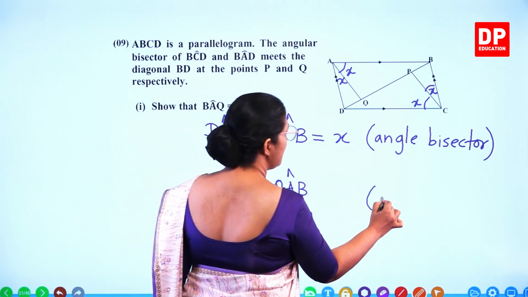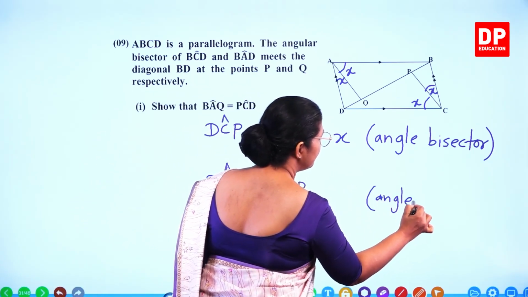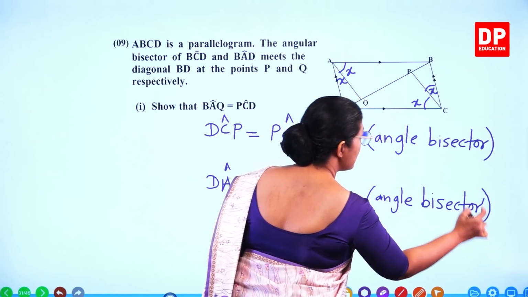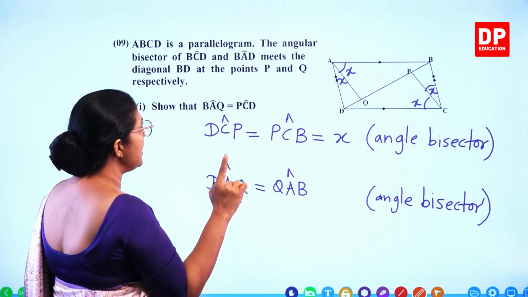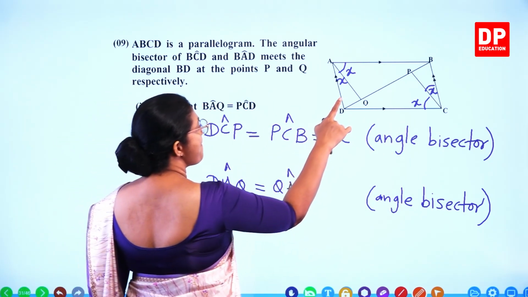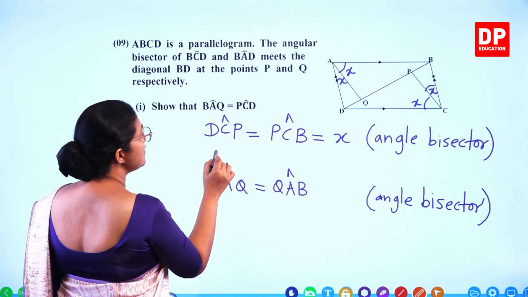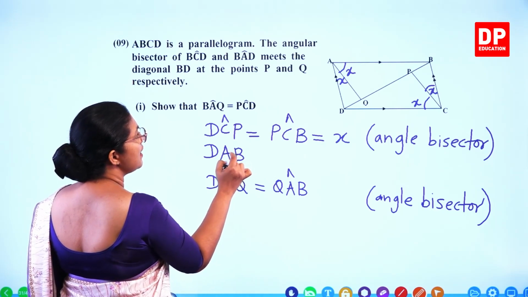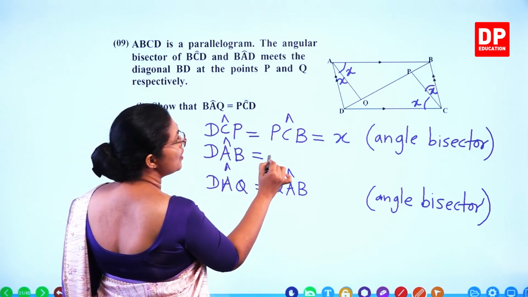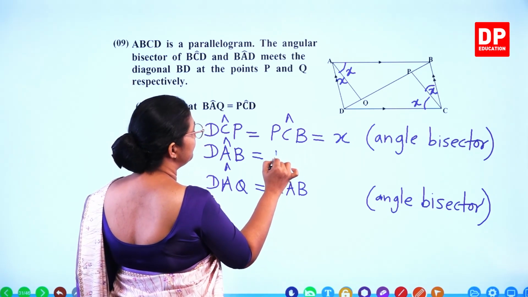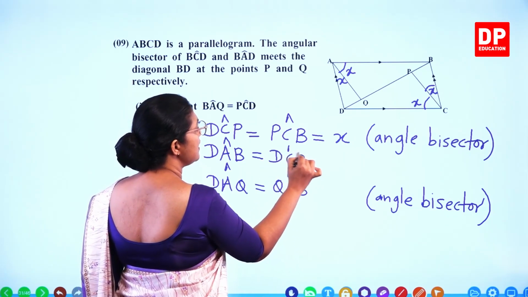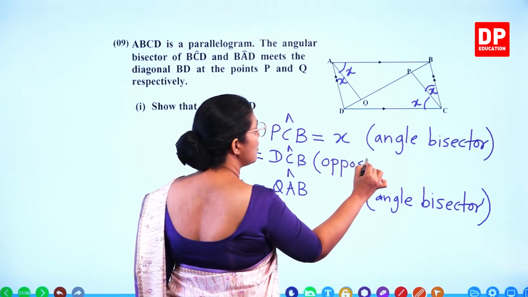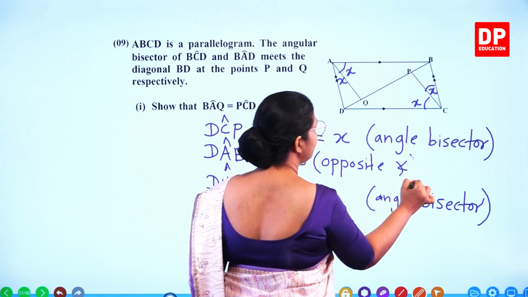That's also an angle bisector. But we can say that angle BCD is equal to angle DAB. Angle DAB is equal to angle DCB. What's the reason? Opposite angles of a parallelogram are equal.